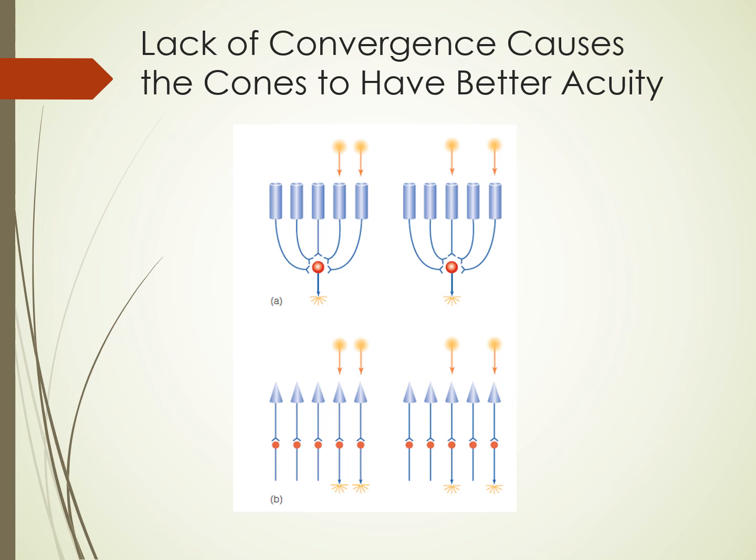And then 5 is telling me there's a light here. So I can see now where that information is coming from more precisely. And I can distinguish when there's some space between them. And so I'm getting that high acuity. But if I go back down into the dim light, I'm just not going to see it.